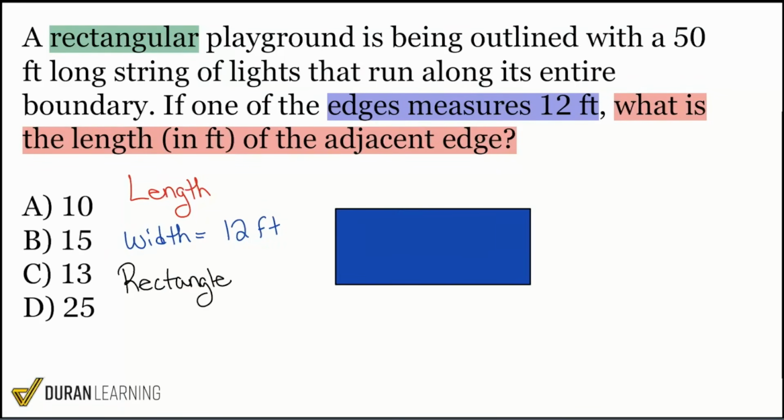Everybody, if we're trying to outline this rectangular playground with a 50-foot long string of lights that run along the entire boundary, what does that sound like we're discussing? Exactly. That's perimeter. That is the distance around the shape.